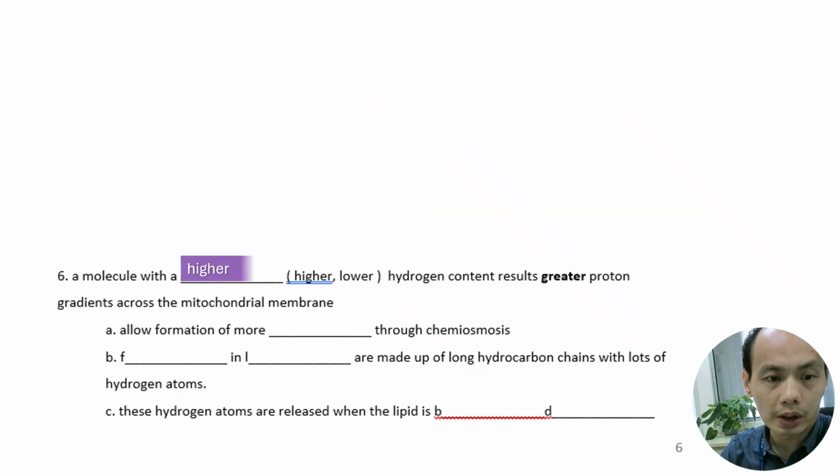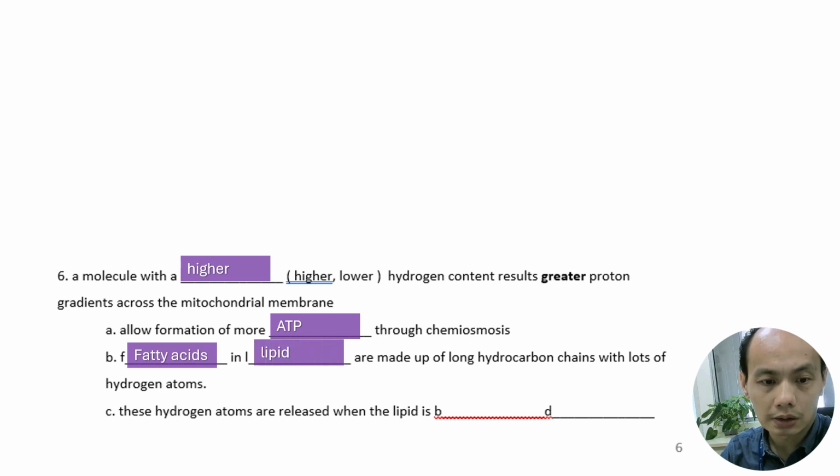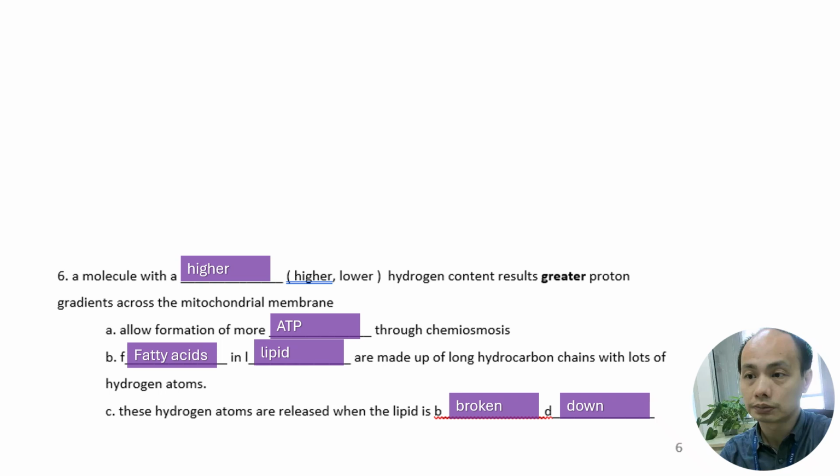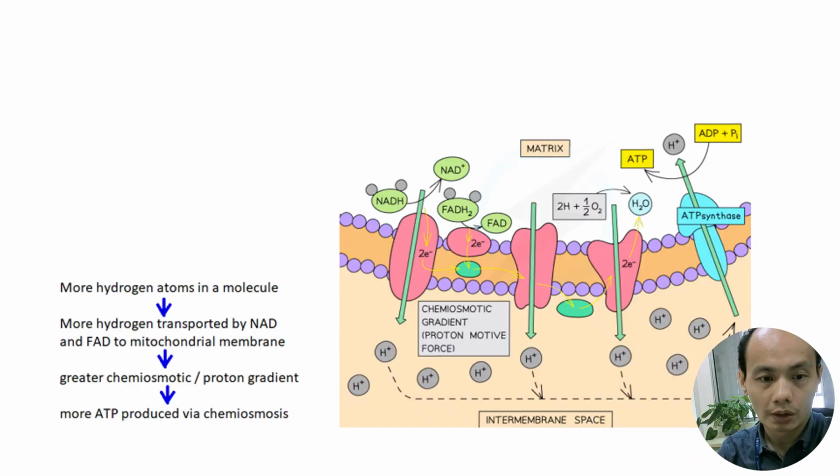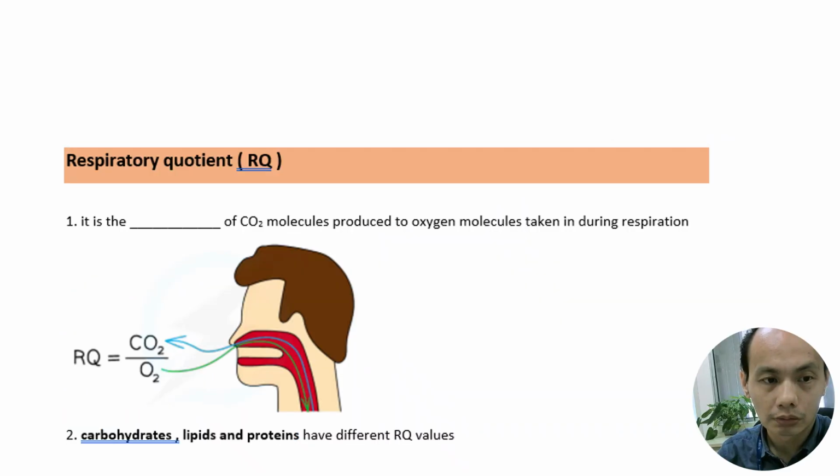A molecule with a higher hydrogen content results in a greater proton gradient across the mitochondrial membrane, allowing formation of more ATP. Fatty acids in lipids are made up of long hydrocarbon chains with lots of hydrogen atoms. These hydrogen atoms are released when the lipid is broken down. This one we will discuss in the future.